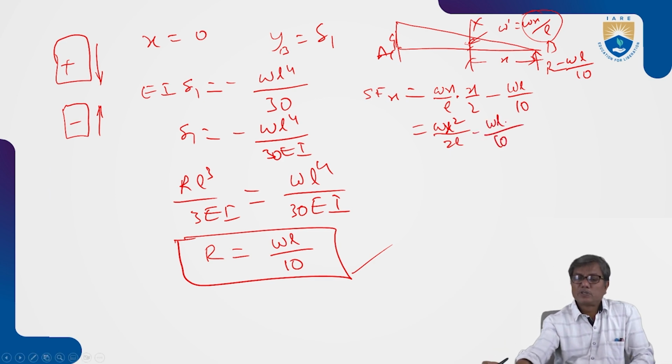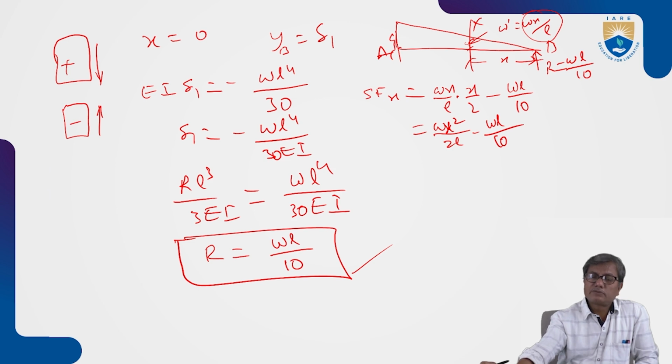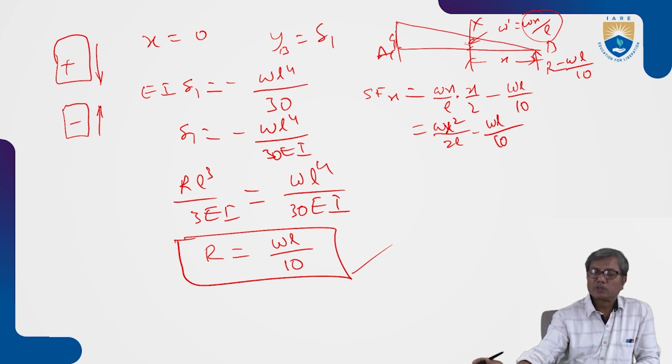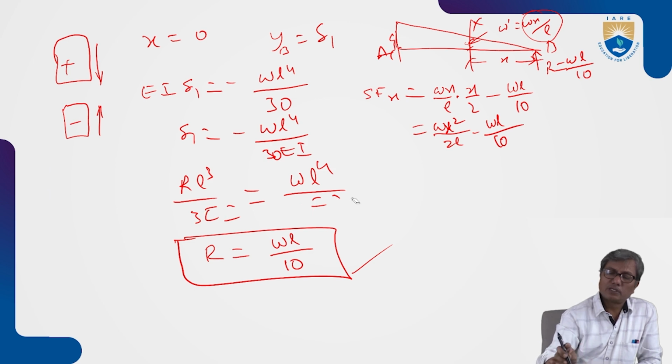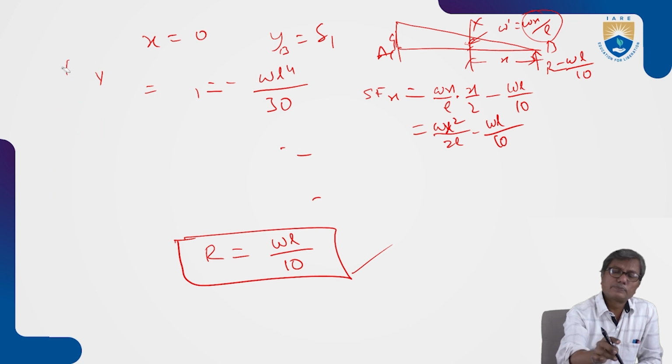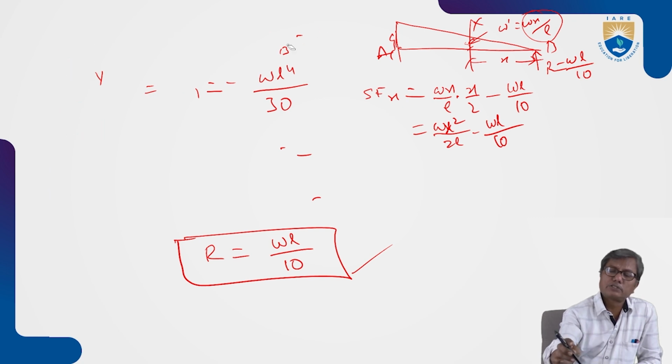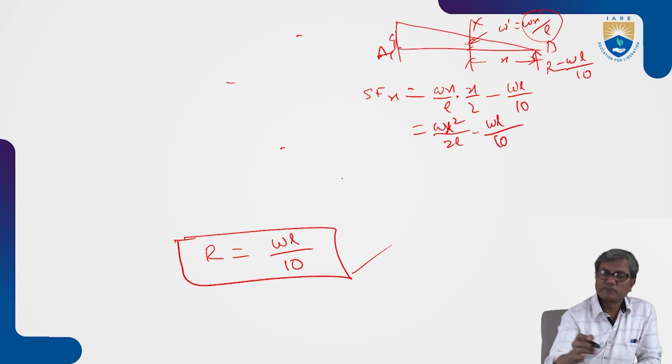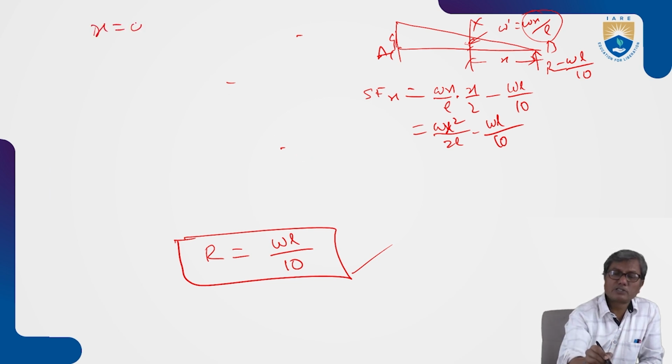Isn't it? So by substituting different values for x, we'll get shear force values, and we can plot the diagram now. For example, for x equal to 0, what is the shear force?